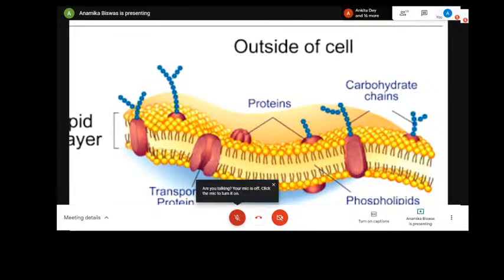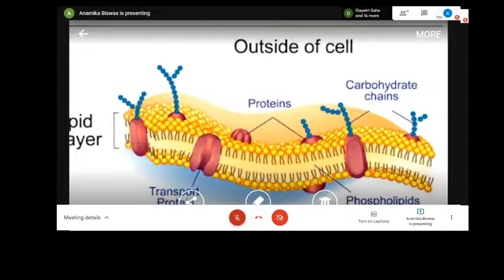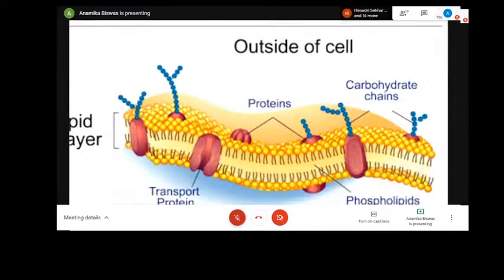Now, protein structure of the cell membrane. You can see some protein molecules are present. Some protein molecules are floating in this lipid bilayer structure.